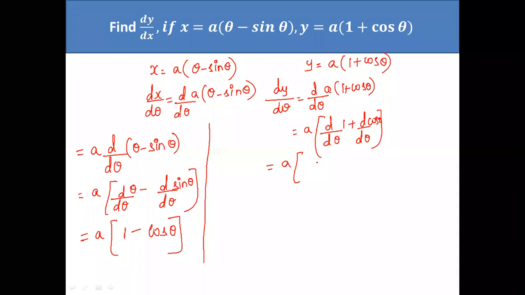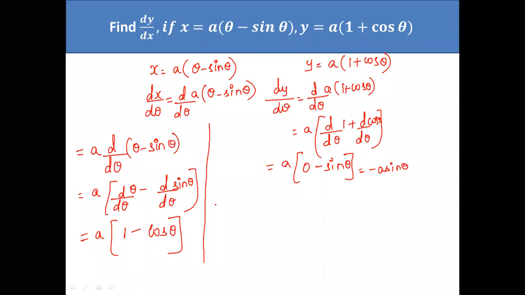It is not 1, it is 0 because 1 is a constant. Derivative of a constant is always 0. Plus you have derivative of cos theta, which is minus sine theta. So 0 minus sine theta, so it is minus a sine theta.